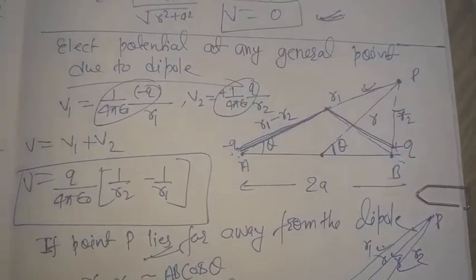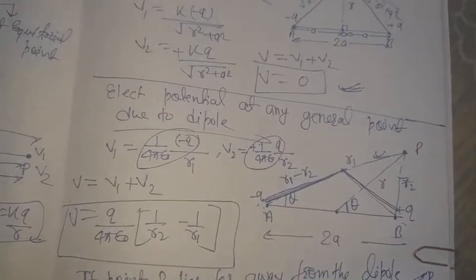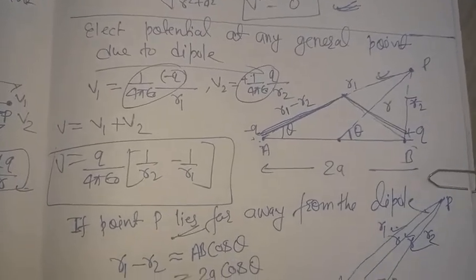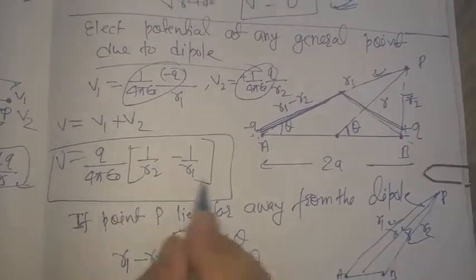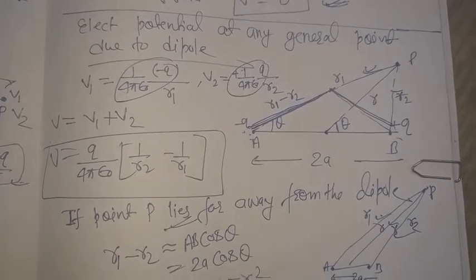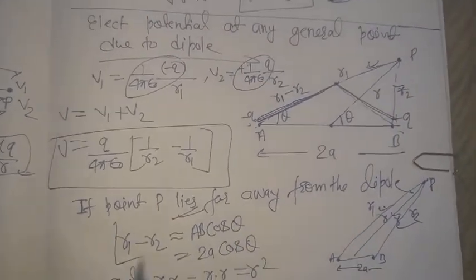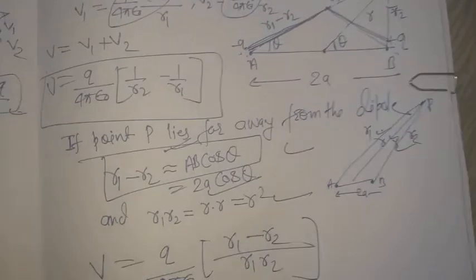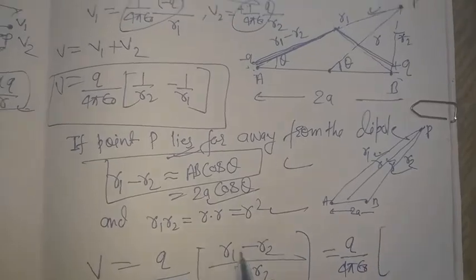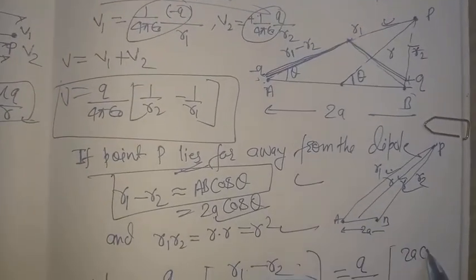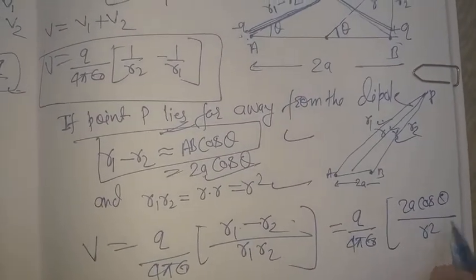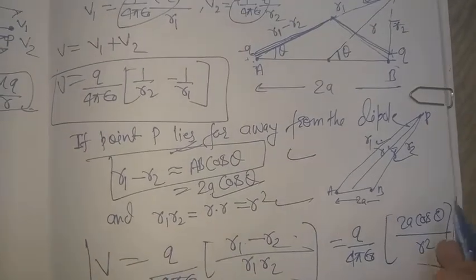Now this formula becomes Q upon 4 pi epsilon naught, take the LCM of r1 and r2, this becomes r1 minus r2 upon r1 r2. Now put this value and this value here. So this becomes Q upon 4 pi epsilon naught, where r1 minus r2 is 2a cos theta and r1 r2 is r square.